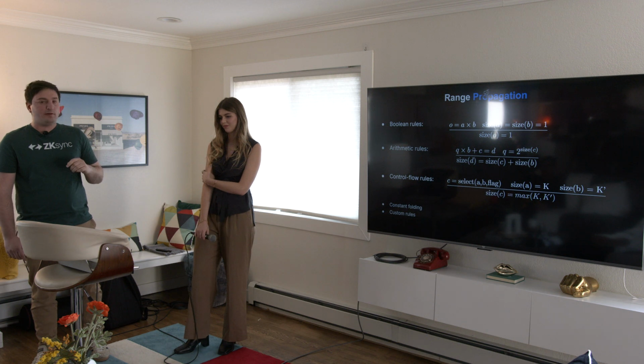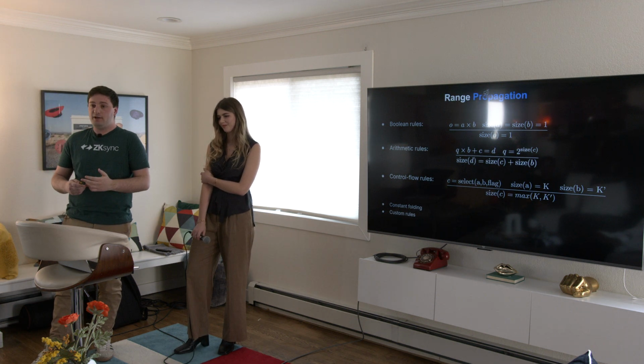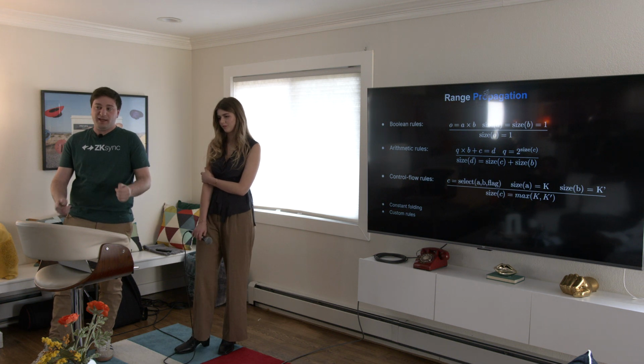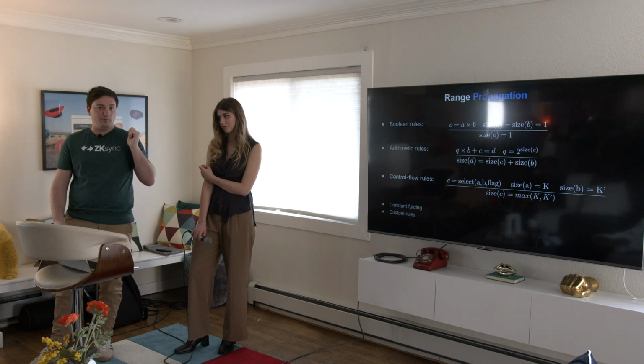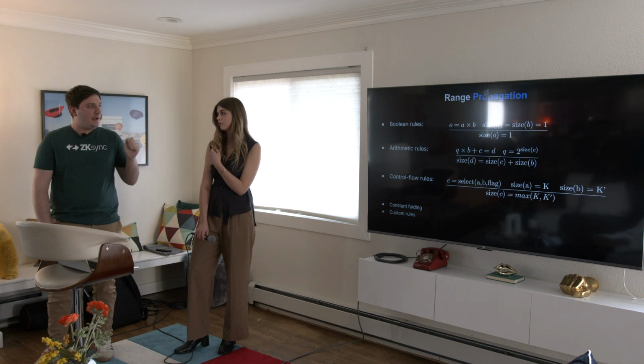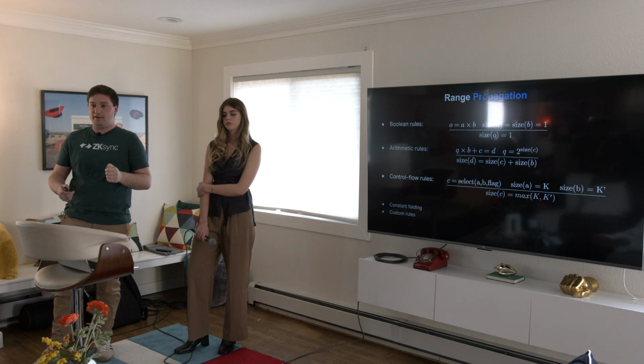Then we start with the interesting stuff, range propagation. How do we get range information? Through range checks. There will be gates that say, okay, this variable is in U8, and we know that it will fit in 8 bits. But then we have operations that are closed under a specific size.